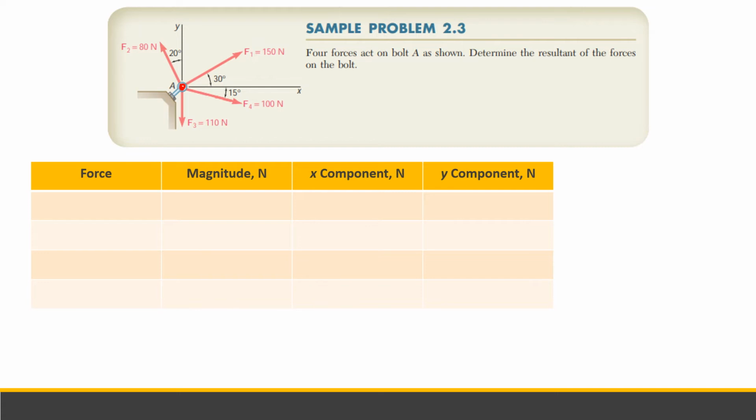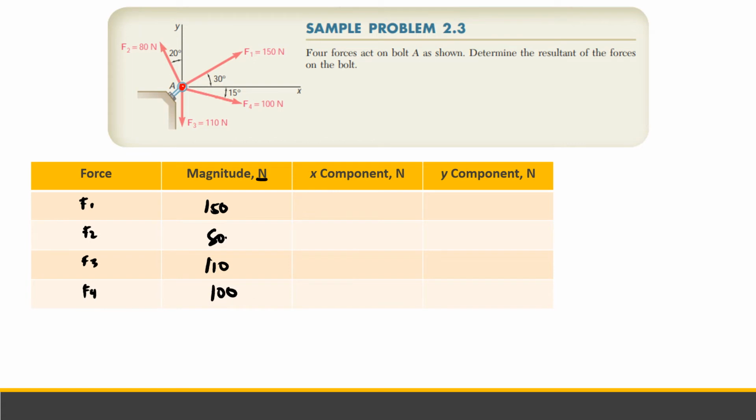So we have force 1, F1, F2, F3, and F4. The magnitudes of these forces: for F1 we have 150 Newton, F2 is 80 Newton, F3 is 110 Newton, and F4 is 100 Newton.